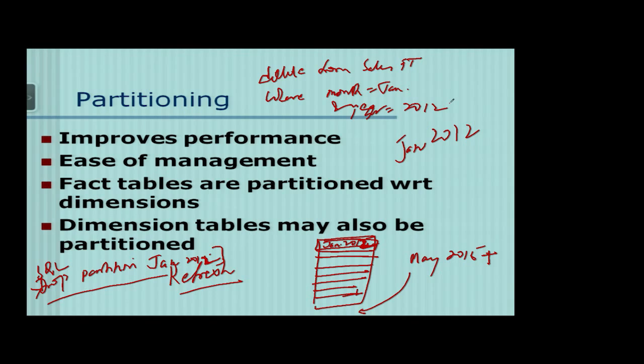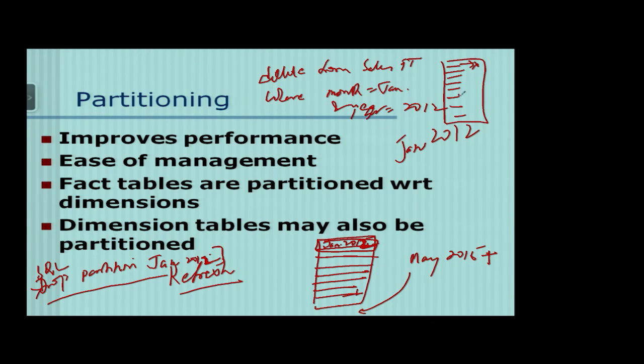I would have issued a query like this, and then from the whole of the fact table, every record would be tested against this condition, whether this record belongs to January 2012 or not. And if yes, I would delete that record, right?